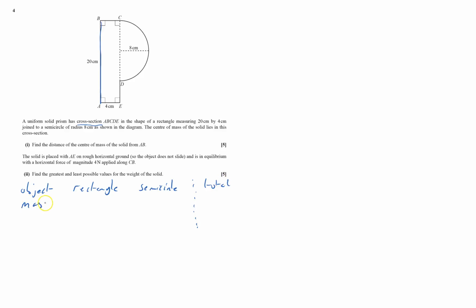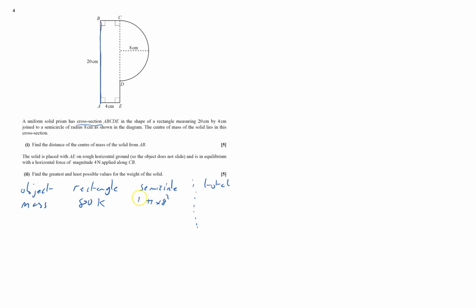I need to put down the mass. Mass of that rectangle, where it's 20 times 4, so that'll be 80. And I want to put a K in here. K will divide out, but that is the mass per centimetre squared or whatever. Semicircle, the area of the semicircle, or circle, is pi r squared, so it'd be pi times 8 squared.